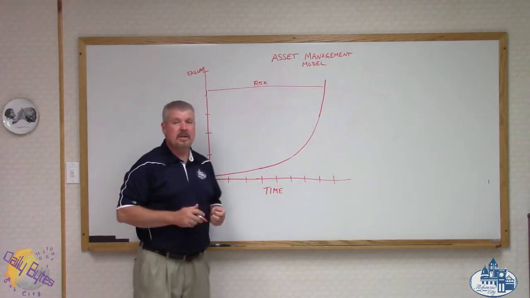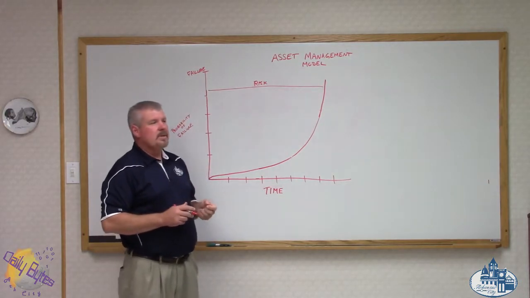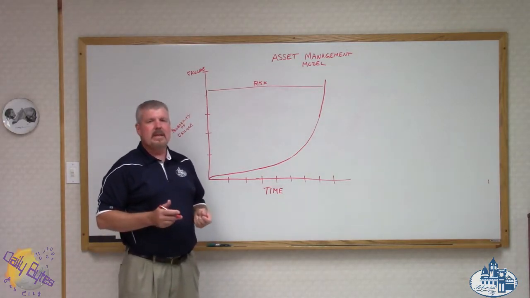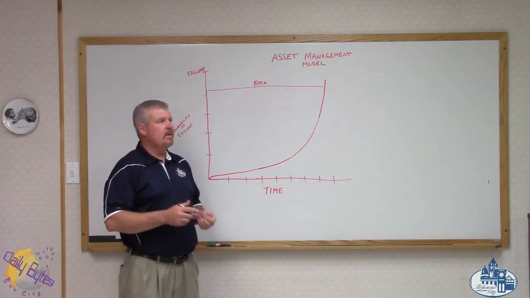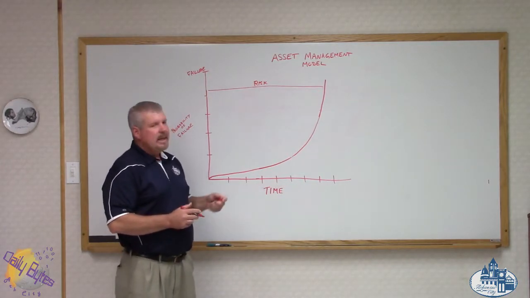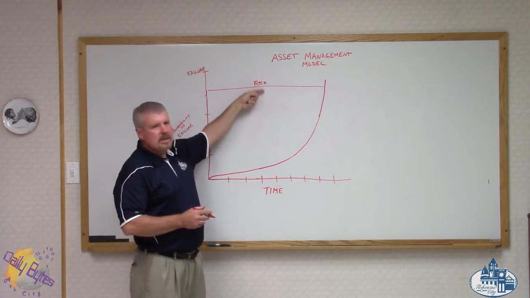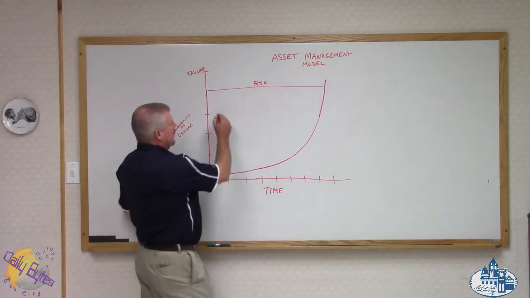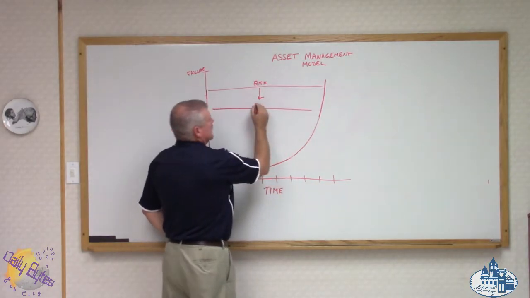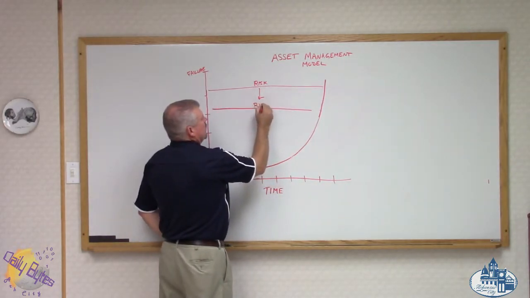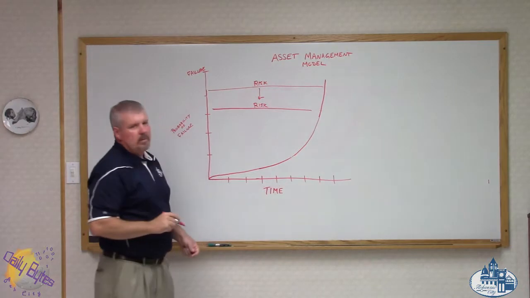You get asked the question a lot, so why does the city spend all the money on a new water treatment plant and not put all that money on the water lines? Well, again, it goes back to what risk are we willing to live with. For the water treatment plant, we have a much lower risk that we're willing to live with.